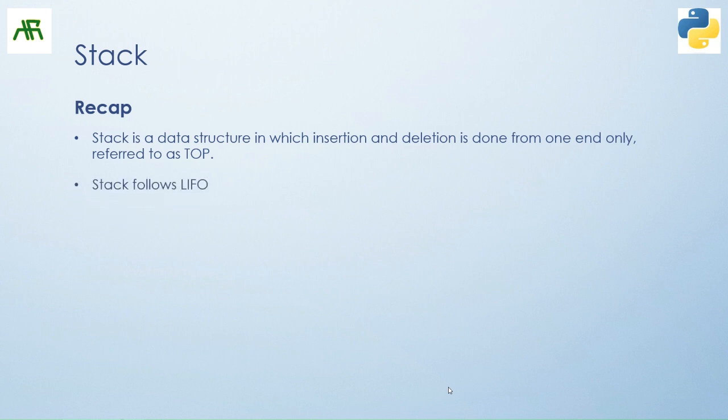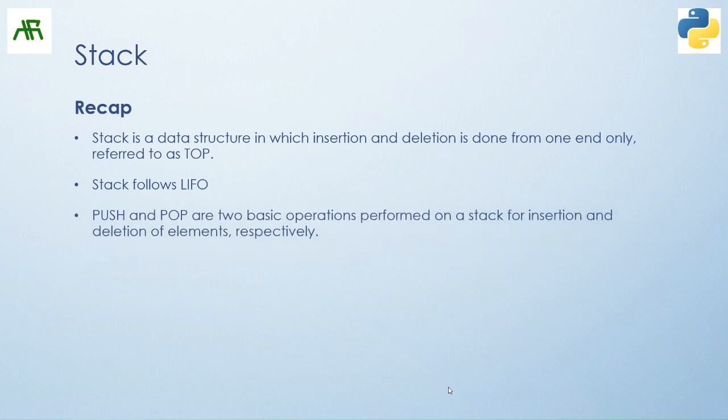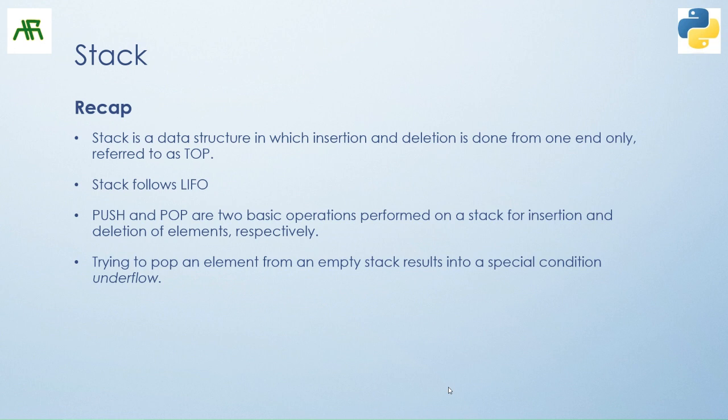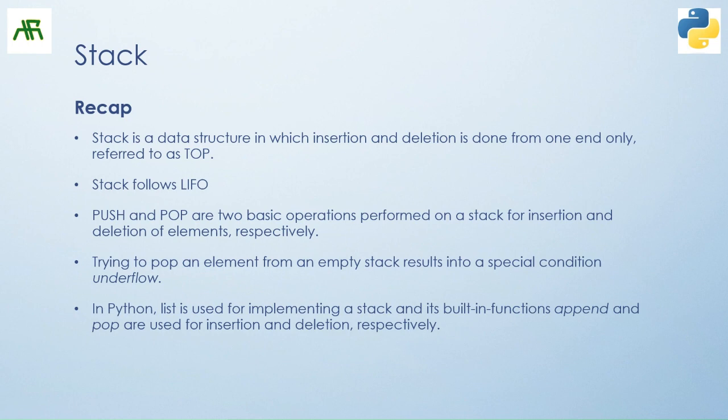Stack follows last in first out. Push and pop are two basic operations performed on a stack for insertion and deletion of elements respectively. Trying to pop an element from an empty stack results in an underflow exception. And in Python, list is used for implementing a stack, and its built-in functions append and pop are used for insertion and deletion respectively.